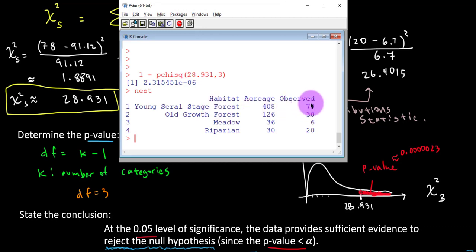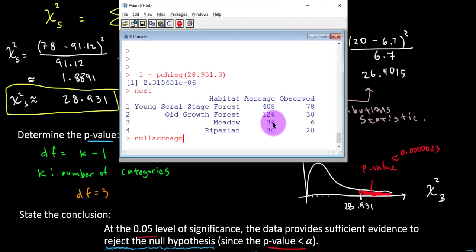Remember that we needed to compare these observed values to the distribution of the habitat, where under the null hypothesis, the habitat is used in proportion to its fraction of total acreage. So I'm going to make a fraction of the acreage here. And this is under the null hypothesis that the use of the habitat is in proportion.